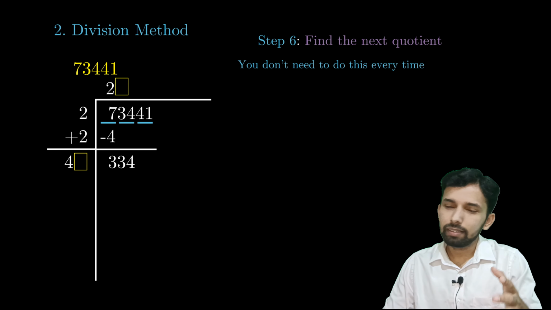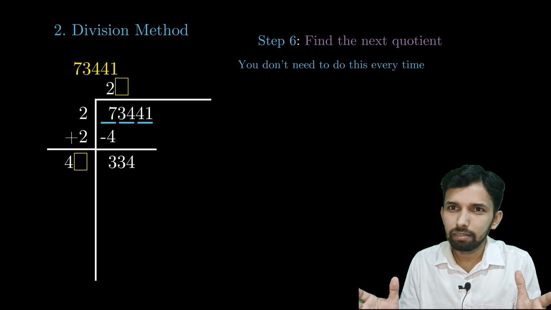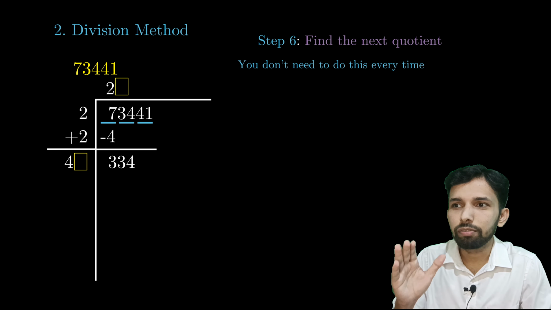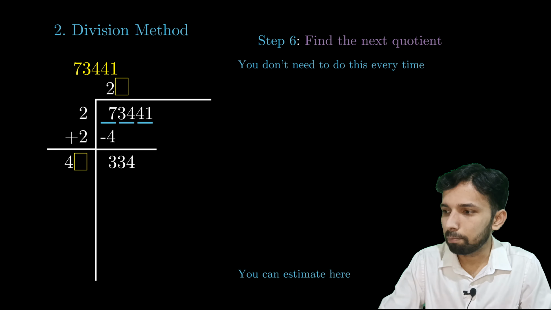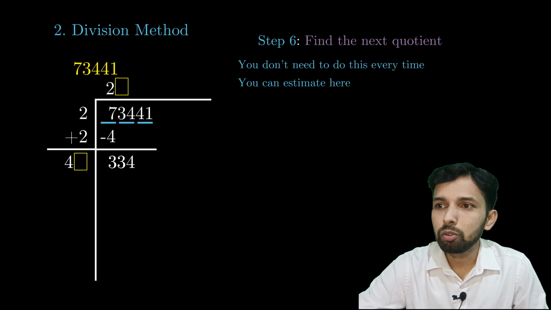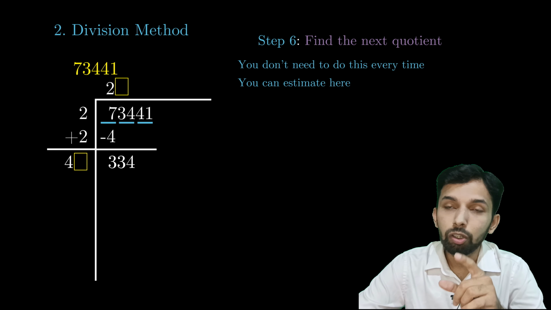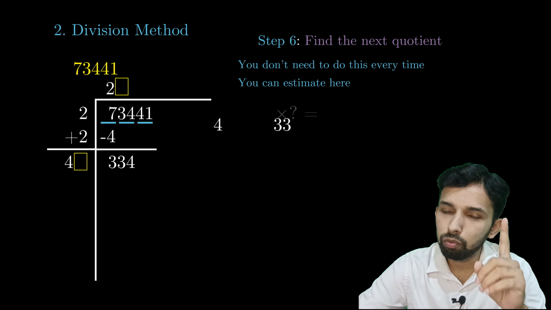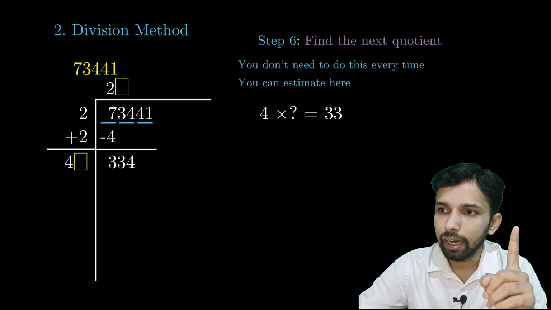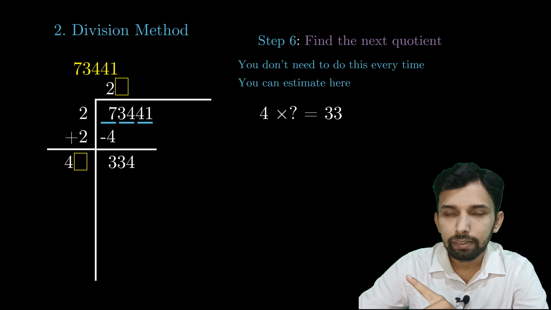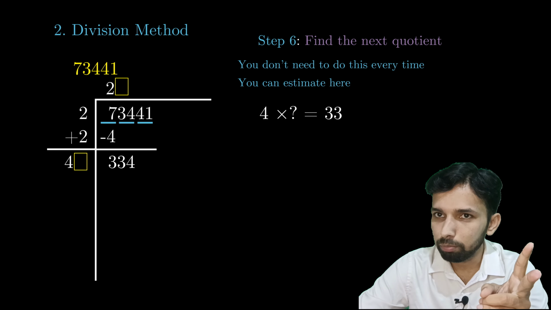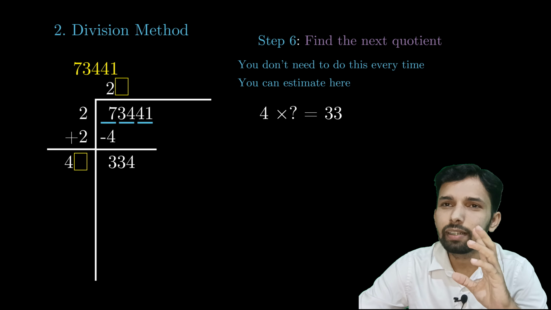But you may think this is lengthy, but it is not, because we don't really need to do it every single time. Why? Because you can observe over here that what we need has the tens place value 4, 1 digit from there. And what we need, 334, 2 digits from there. And you can just estimate it.